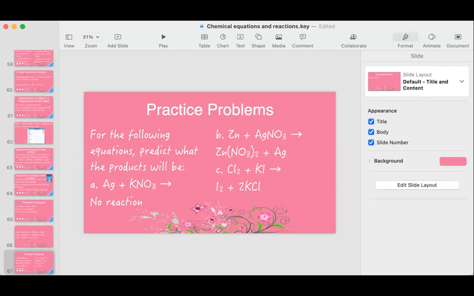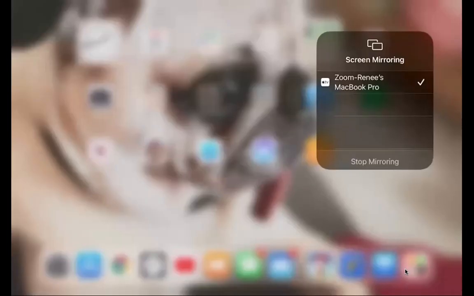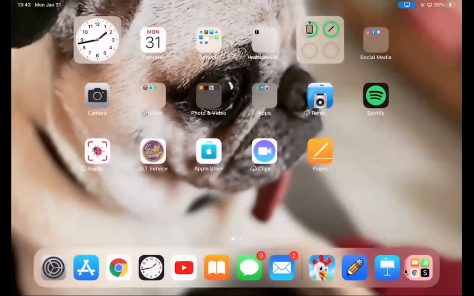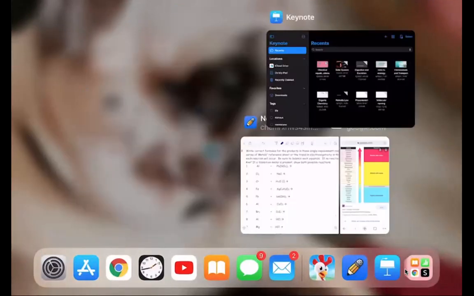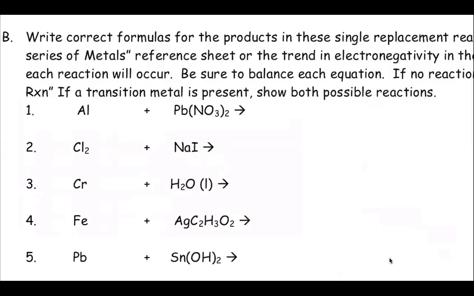Yeah, I don't really know why you're not. Okay. Then I will share it through AirPlay since you're being picky and weird. Screen mirroring, zoom, there we go. All right, so I've got the work. Wait, why can't you see my split screen? What? Really? You're not seeing the split screen, right?